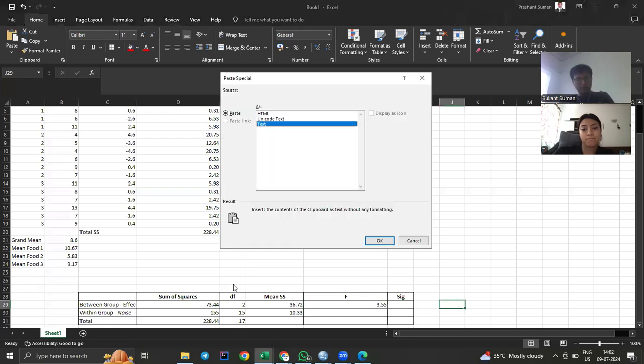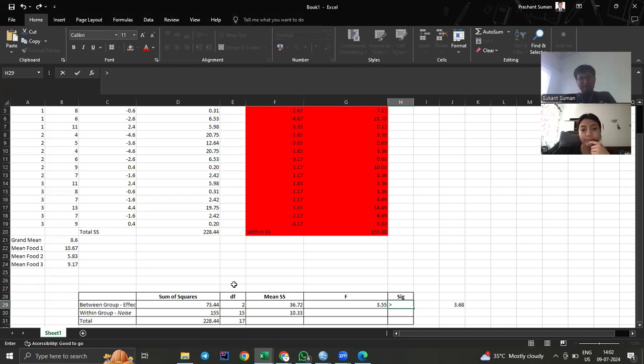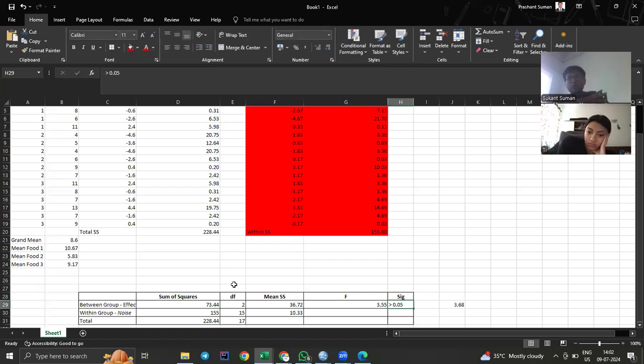So yeah, 3.68. Now, if my F ratio had been greater than this, I could have called it statistically significant. But right now, the significance is definitely greater than 0.05, which means there is no real difference between the groups or the food items provided to the rats.